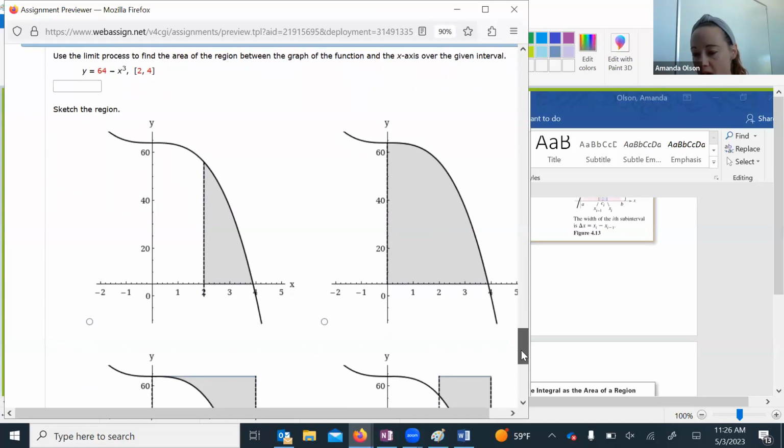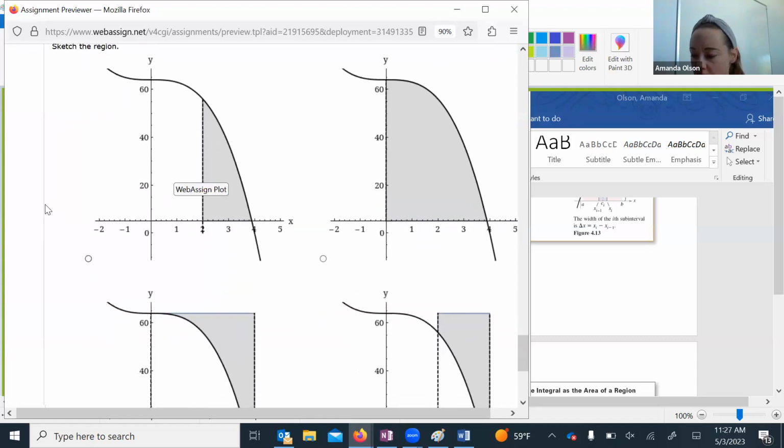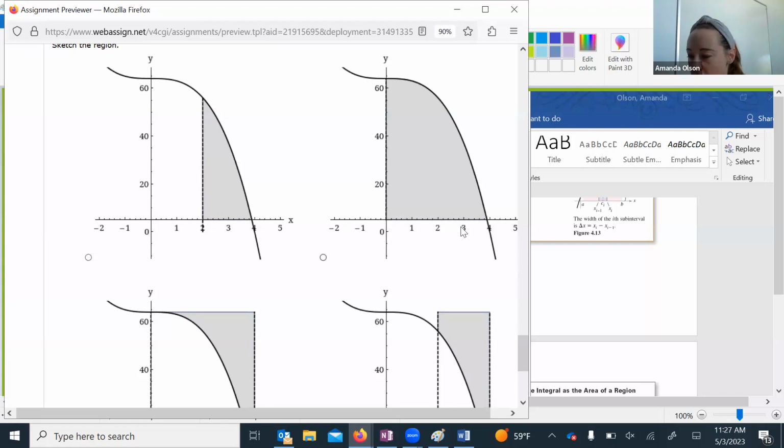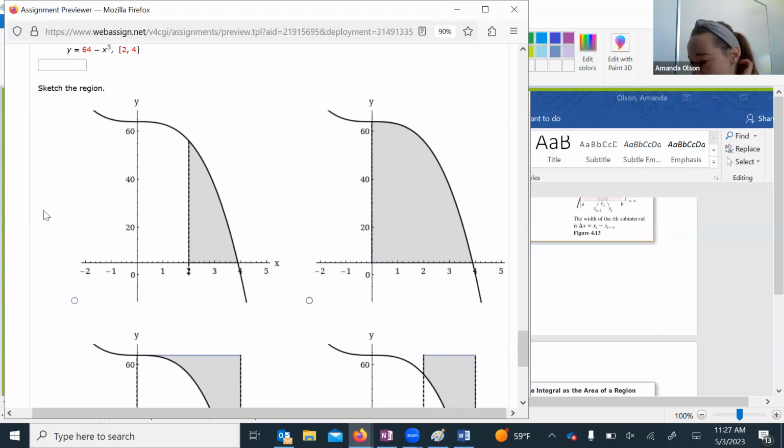So then looking at these graphs, of course, you can see kind of where ours is in the region. We're looking from x equals 2 to 4. So this first graph, definitely not that case. 2 to 4, again, bottom graph, not our situation. Or excuse me, the right graph is not our situation. It does look like this first graph is actually our graph, potentially.